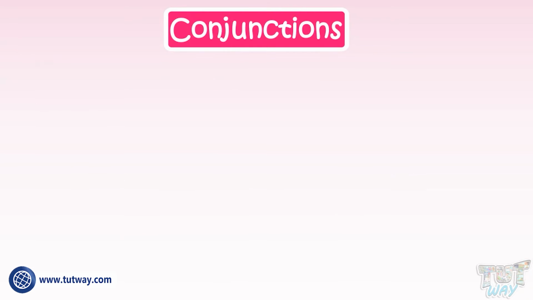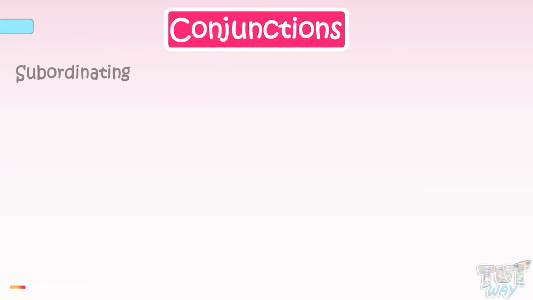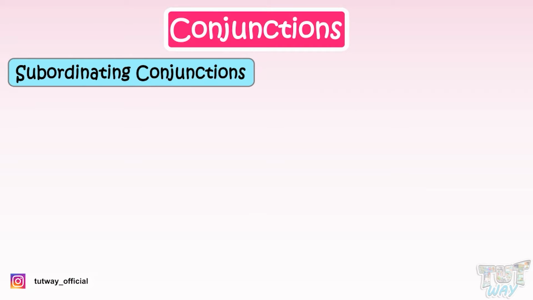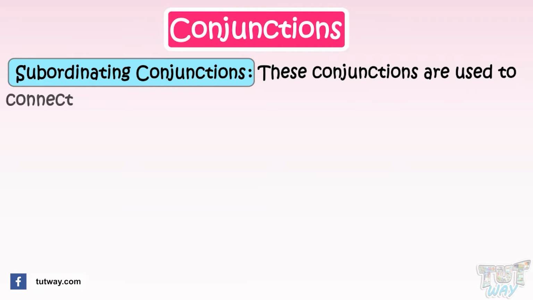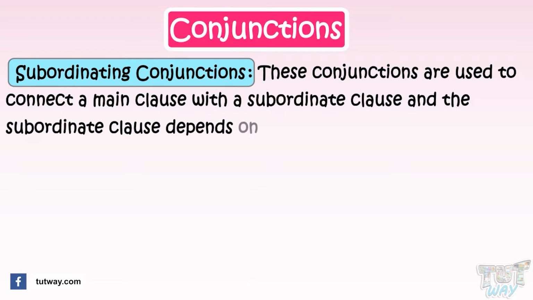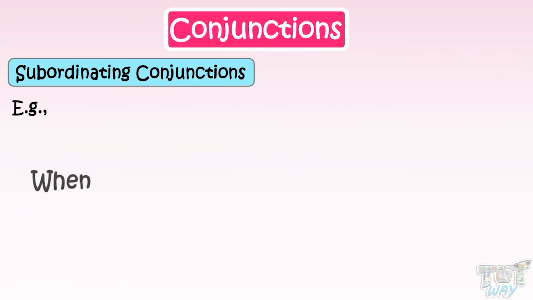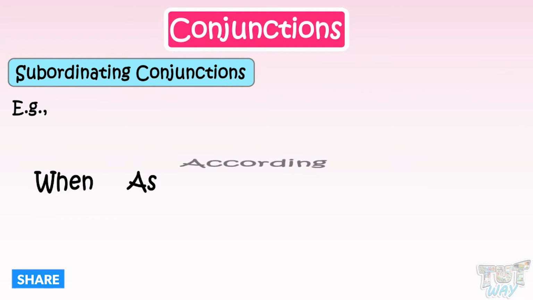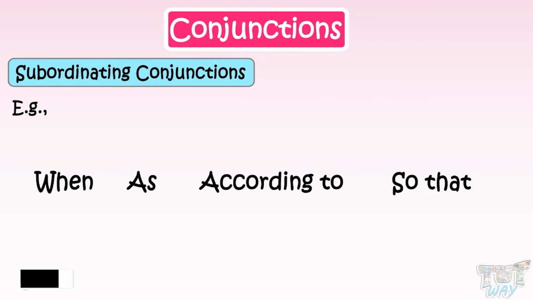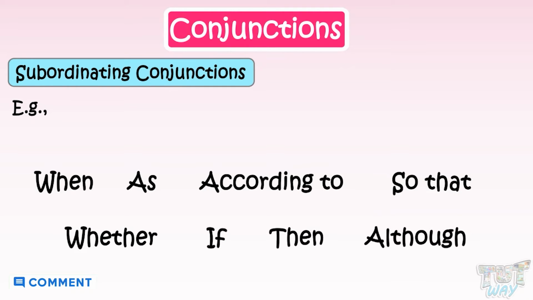The next type of conjunctions, that is, subordinating conjunctions. These are used to connect a main clause with a subordinate clause, and the subordinate clause depends on the main clause for its meaning. Conjunctions like when, as, according to, so that, whether, if, then, although, come under subordinating conjunctions.